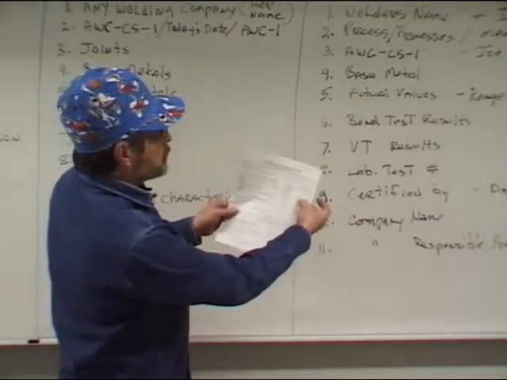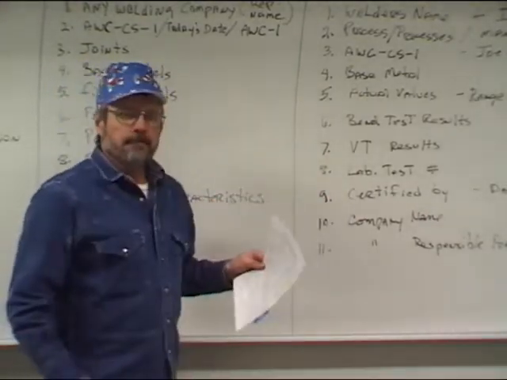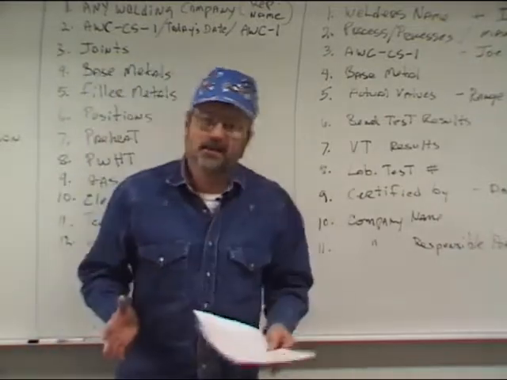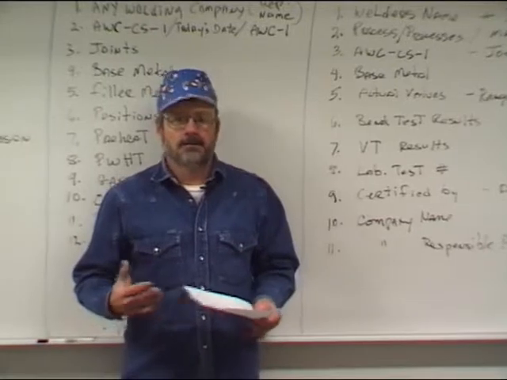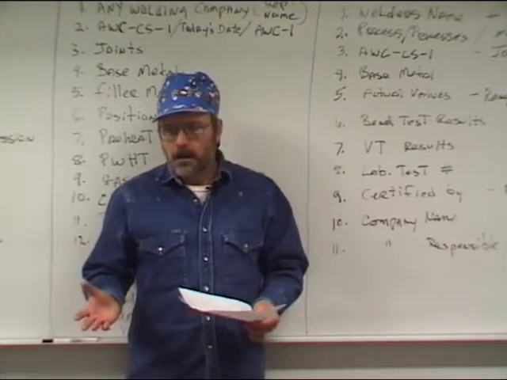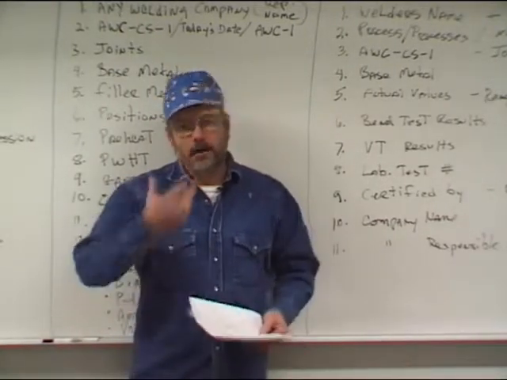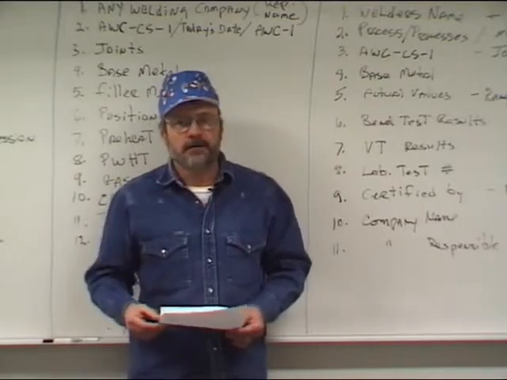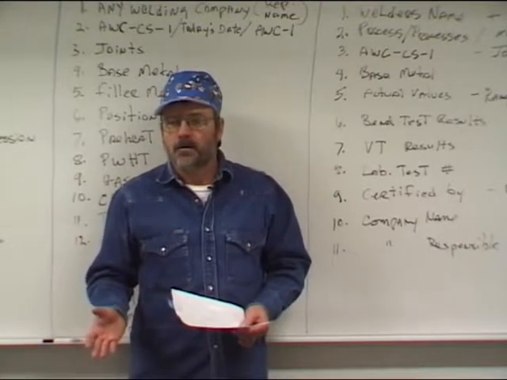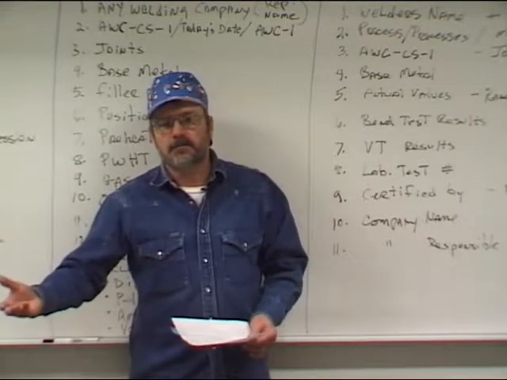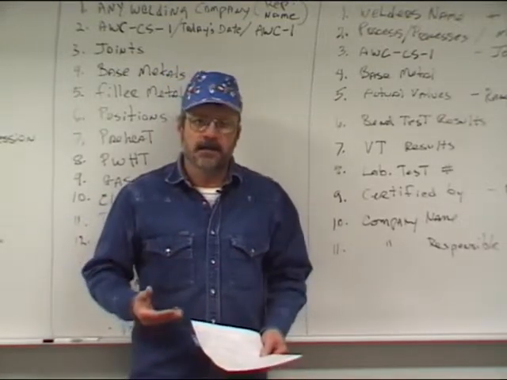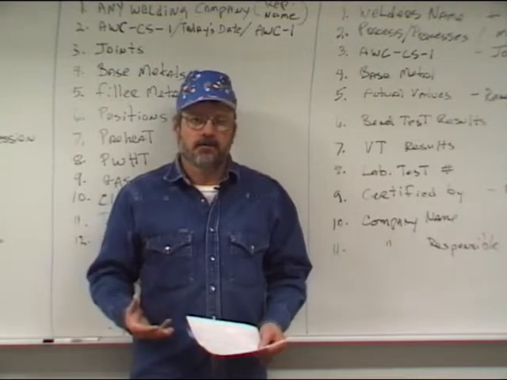Right here, typically we'll write given filler metal only, because this person didn't qualify on stainless. Well, P8 is a stainless number. Yet the code says that they could weld on P8 material using this process. Well, we want to restrict them, because if you're going to weld on stainless material but you haven't taken a stainless test, then you're asking for trouble.